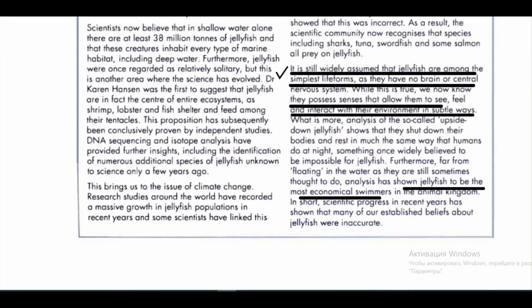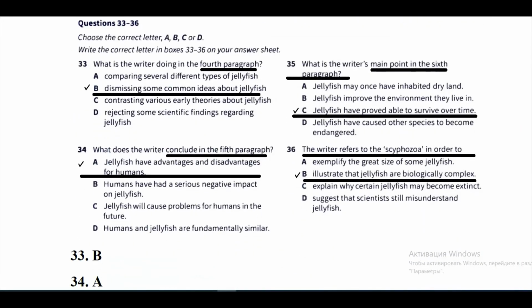C is wrong because theories are not being contrasted. In fact, the theories mentioned about jellyfish are all similar in that they were false. D is wrong because the myths about jellyfish have been corrected because of scientific research.